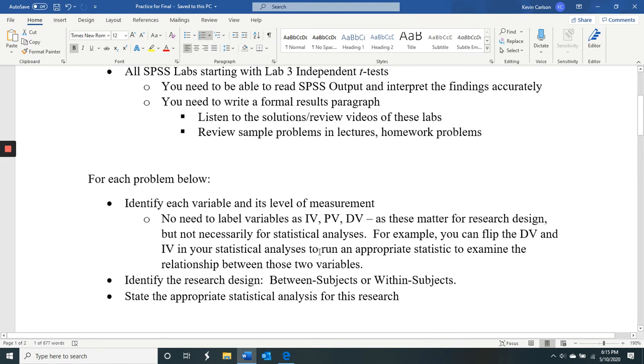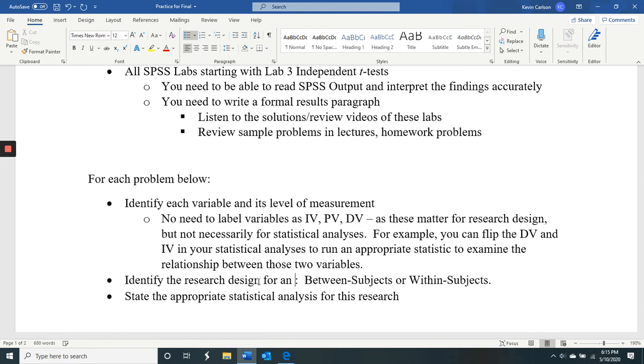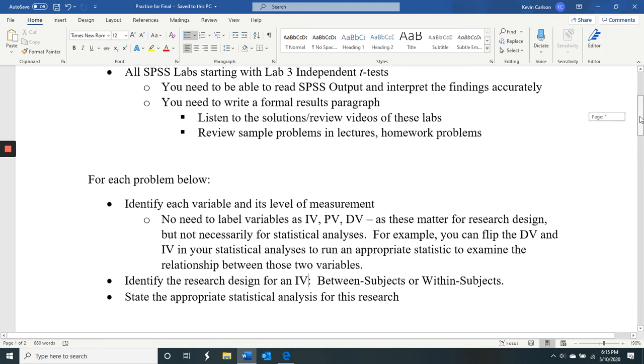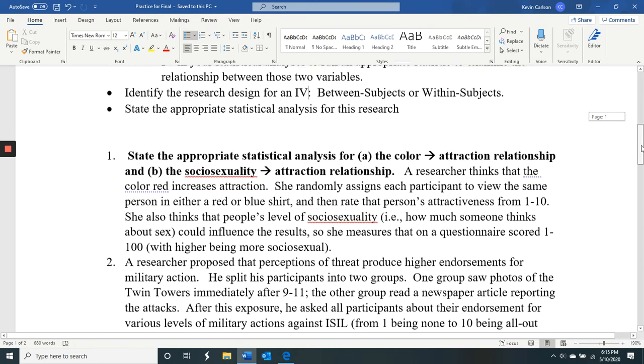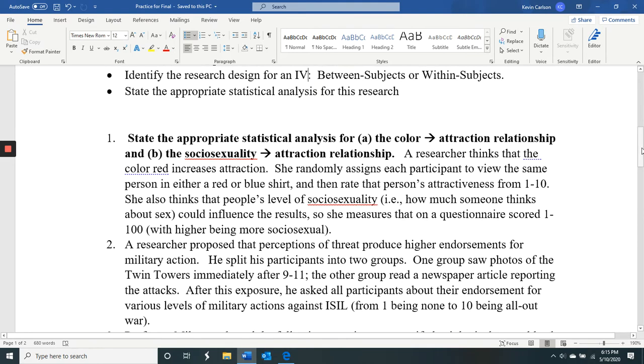And I'm going to put this here. So for the research design, it really only matters for the IV. Because for the predictor variables, it's hard to think of it being a research design.